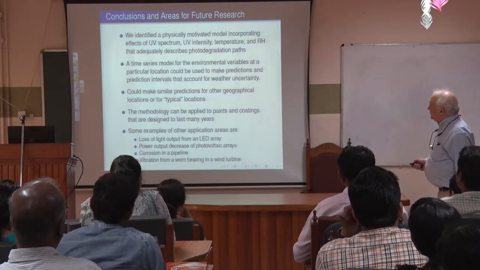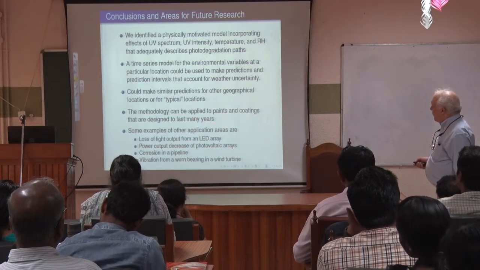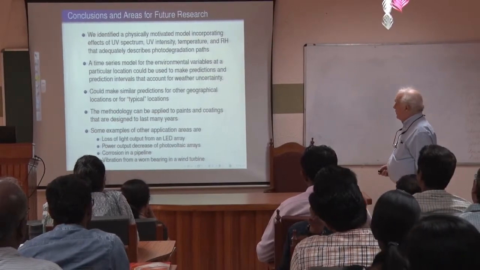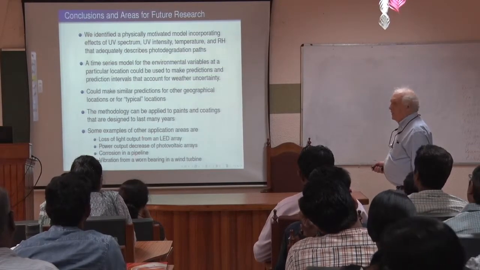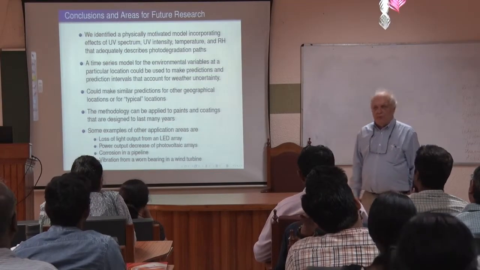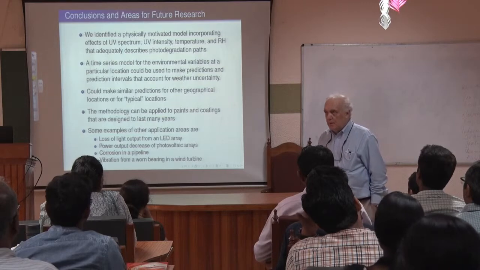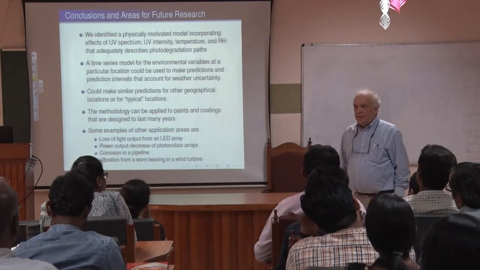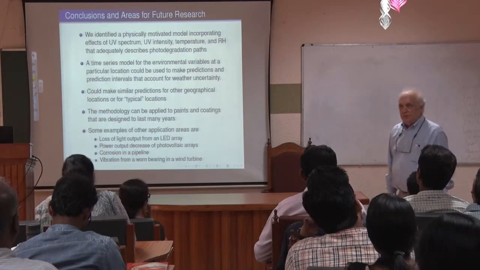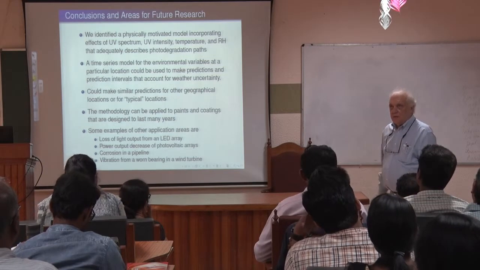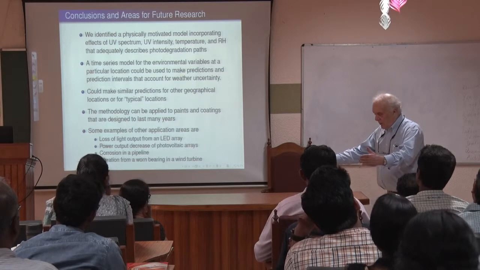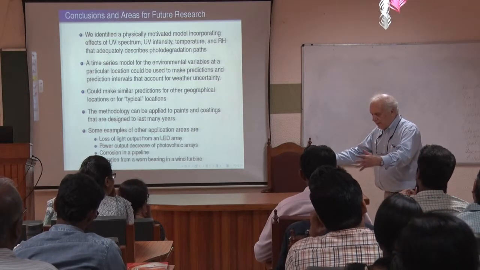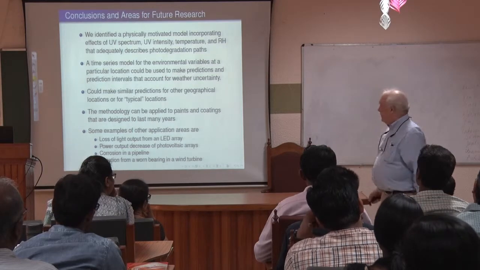And the ideas that we have here, we think could be applied to other places where UV is important. So LED arrays that are being used more and more for outdoor lighting. Certainly for solar cells that are becoming more and more popular because it's clean energy. But those things have a limited life, and one of the main mechanisms is photodegradation.